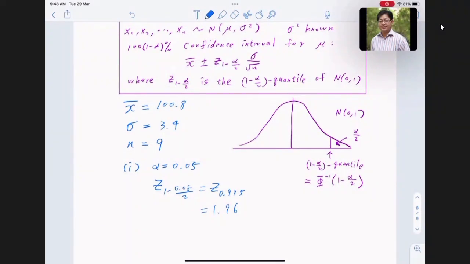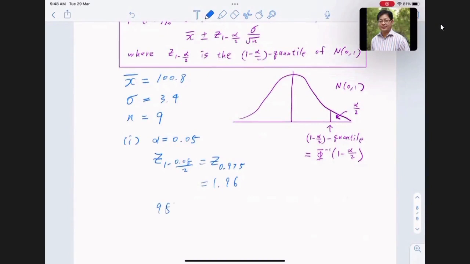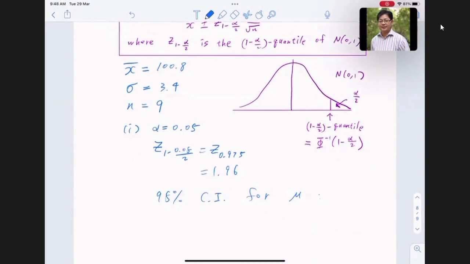Once you get this quantile, everything will be ready. A 95% confidence interval for the population mean can be obtained as 100.8, the sample mean, plus or minus the quantile, 1.96, multiplied by the population standard deviation, divided by the square root of the sample size.